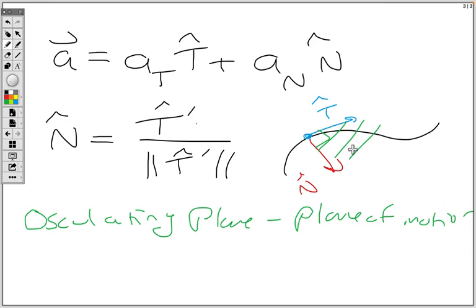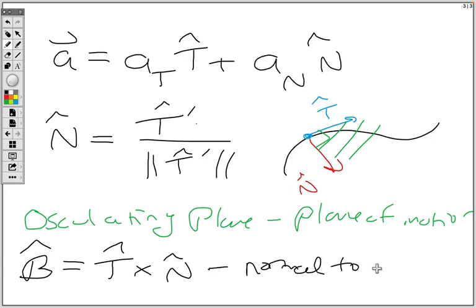So t hat and n hat are orthogonal unit vectors. We define b hat, the binormal vector, to be t hat cross n hat. And so b hat is the normal vector to the osculating plane. And with properties of cross product, since t hat and n hat are both unit vectors that are orthogonal, then b hat ends up being a unit vector.